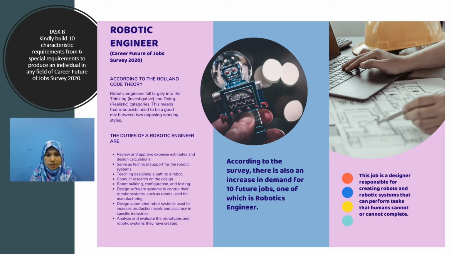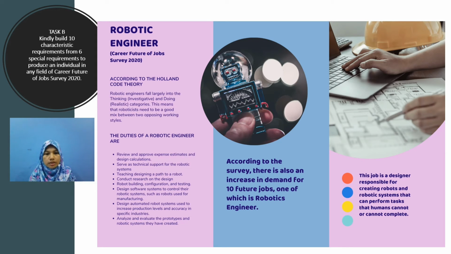The fourth is to conduct research on the design. The fifth is to build robot configurations and testing. The sixth is to design software systems to control robotic systems, such as robots used for manufacturing.